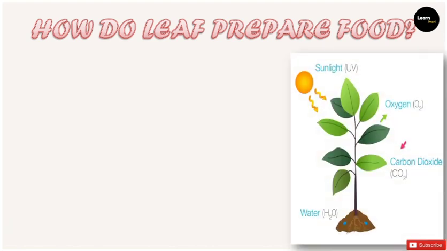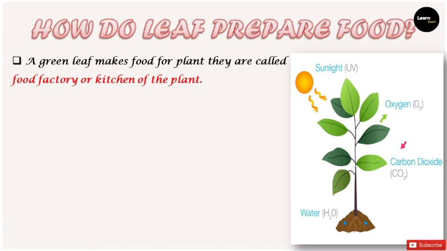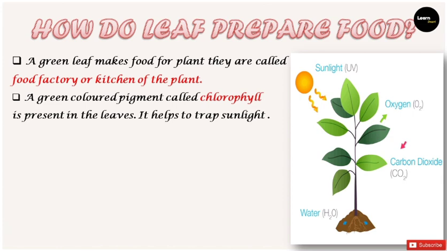How do leaves prepare food? See this picture carefully. A green leaf makes food for the plant. They are called the food factory or kitchen of the plant. A green colored pigment called chlorophyll is present in the leaves.